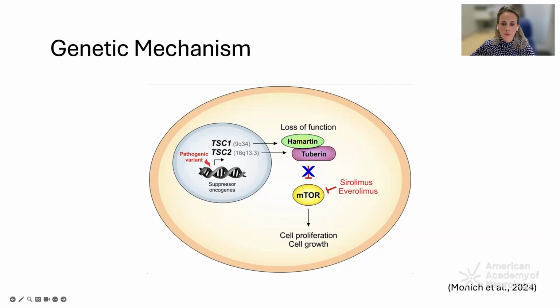Patients with TSC have pathogenic variants in either TSC1 or TSC2, but not both genes. And these pathogenic variants functionally inactivate TSC1 or TSC2 or lead to the loss of the ideal conformation of the Hamartin-Tuberin complex, causing aberrant activation of the mTOR pathway, resulting in heightened cell proliferation and growth.